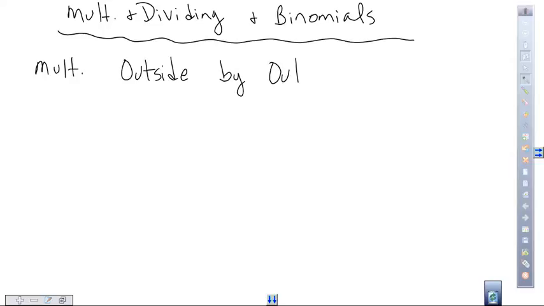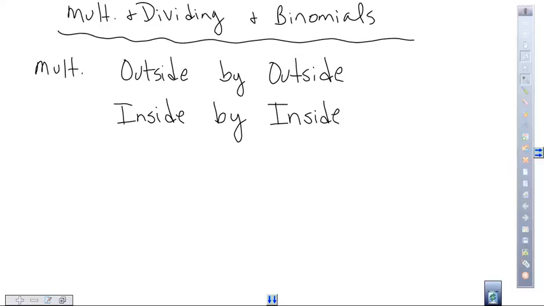I can only multiply outside numbers by other outside numbers. I can't mix and match things that are inside the radical and things that are outside the radical. We also want to make sure we just multiply inside numbers by inside numbers. So the numbers that are inside and under the radical, we're going to multiply those. And then we always want to make sure that we reduce our final answer. So this is the big idea when we're multiplying.